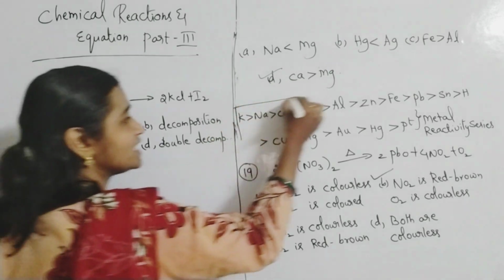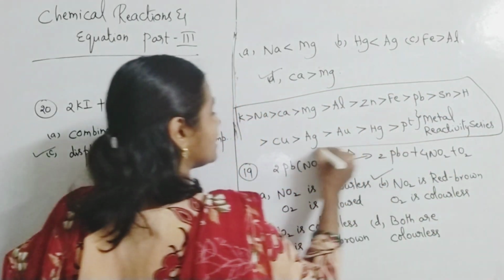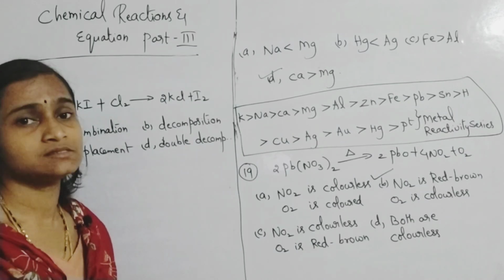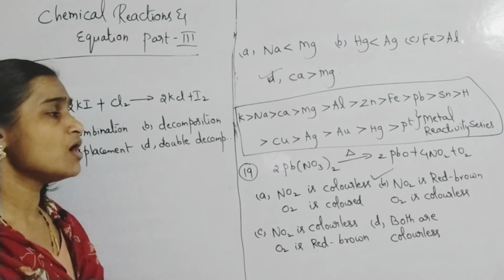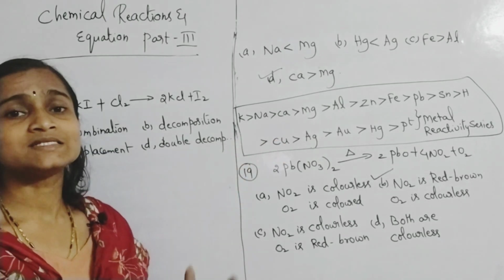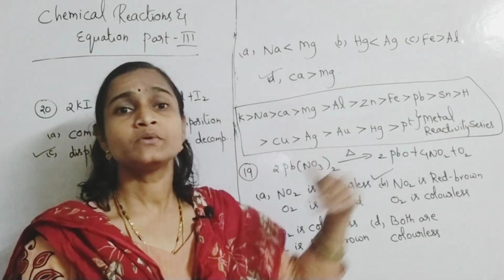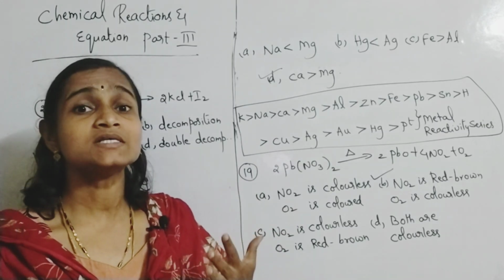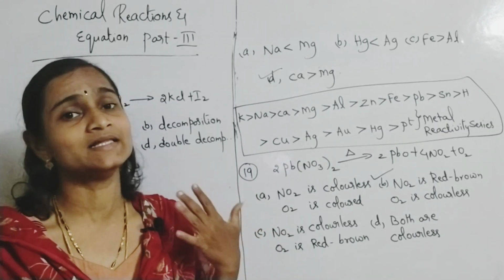Please remember this metal reactivity series. Kanaka Mahalakshmi, Alludu, Jaffa, Pelliki, Senteskuni, Hyderabad Vachadu. All these are metals except hydrogen. Hydrogen is kept in the metal reactivity series because it forms cations like metals.